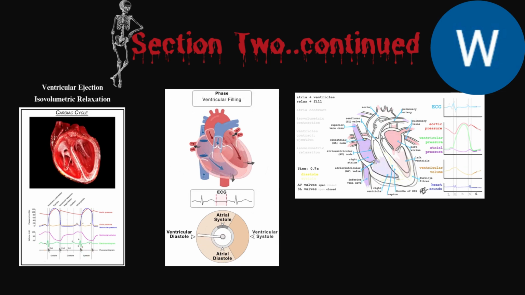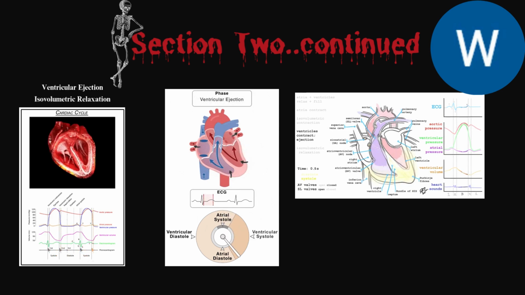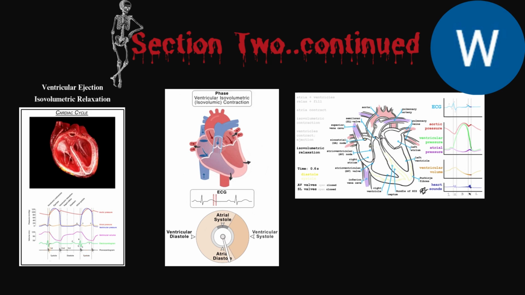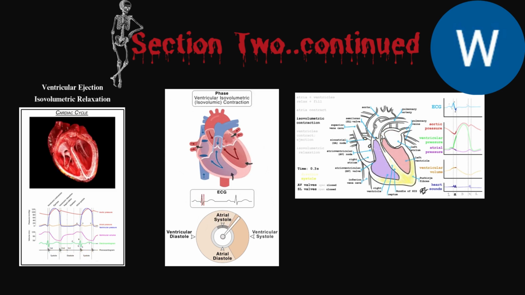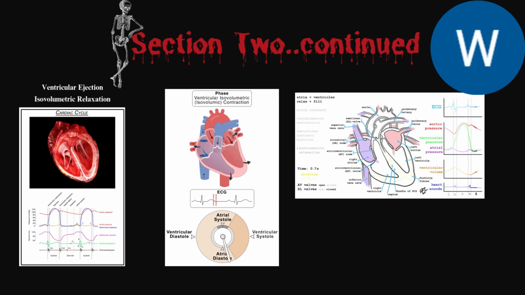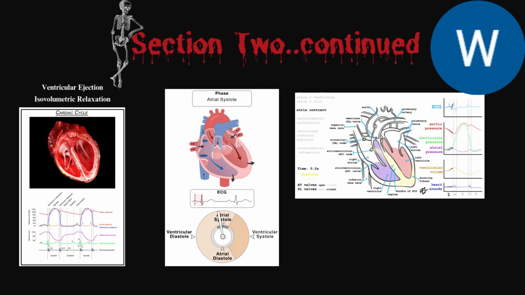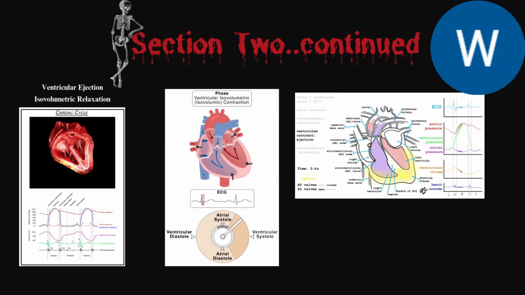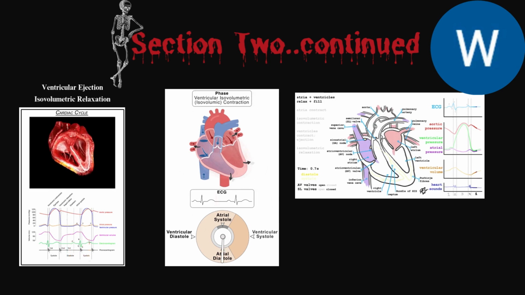So for the isovolumetric relaxation, this is when the ventricles begin to relax, which is the ventricular diastole, which we spoke about, and the pressure inside them would drop. Once it's lower than the arterial pressure, the semilunar valves would slam shut, and this would cause the second sound, which is dub. So now that all the valves are closed again and we're back in a quiet pause, it ends with a T wave. So we have lub, dub, lub, dub, if that makes sense.